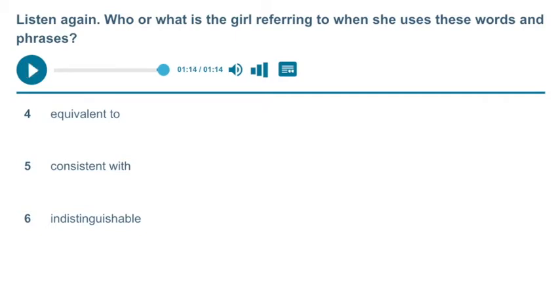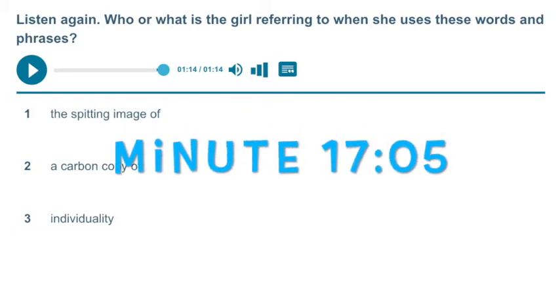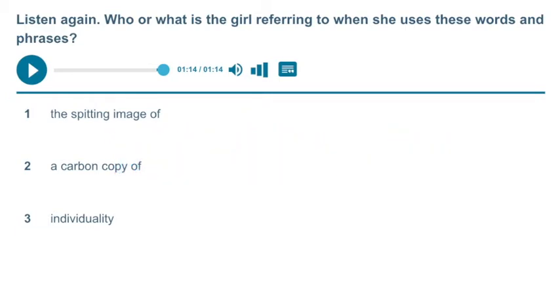Okay, great. So we've got these 6 things: the spitting image of, a carbon copy of, individuality, equivalent to, consistent with, and indistinguishable. If you need to listen to this again, you go back to the minute that appears on screen, and then you come back here to check. Now I'm going to check.